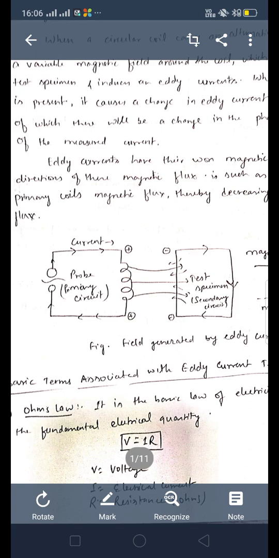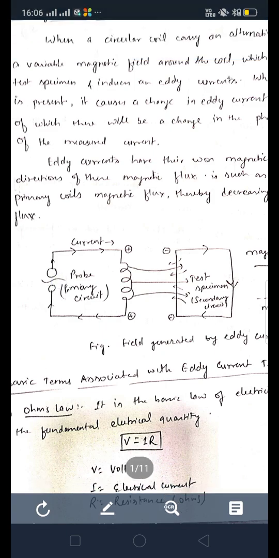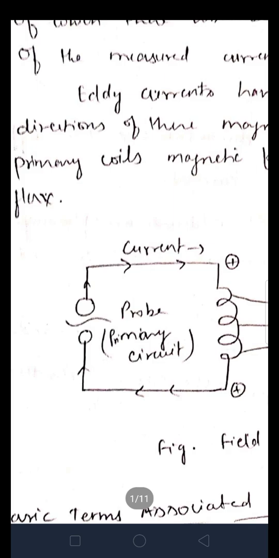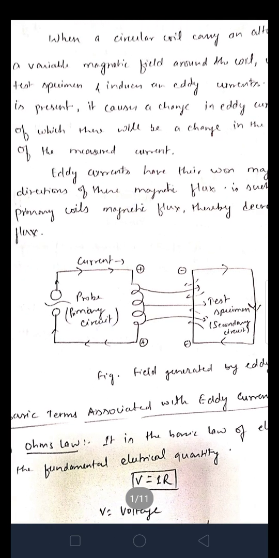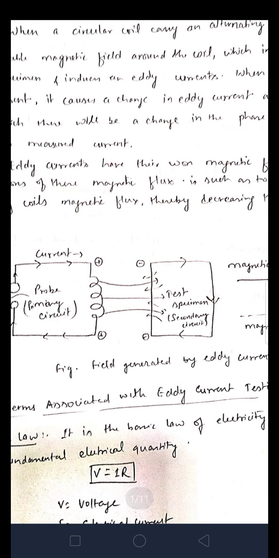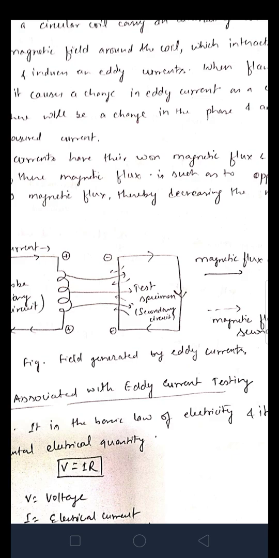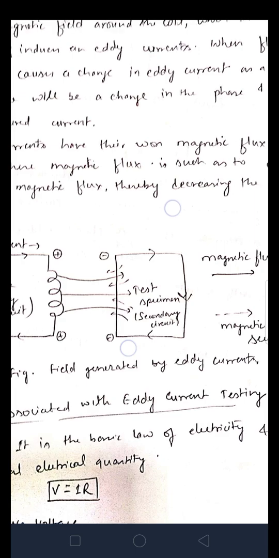The secondary circuit is just a test specimen which is tested by eddy current testing, and here is the transducer probe. There is current flow like this, and here is the coil, and this AC current is moved to the specimen.